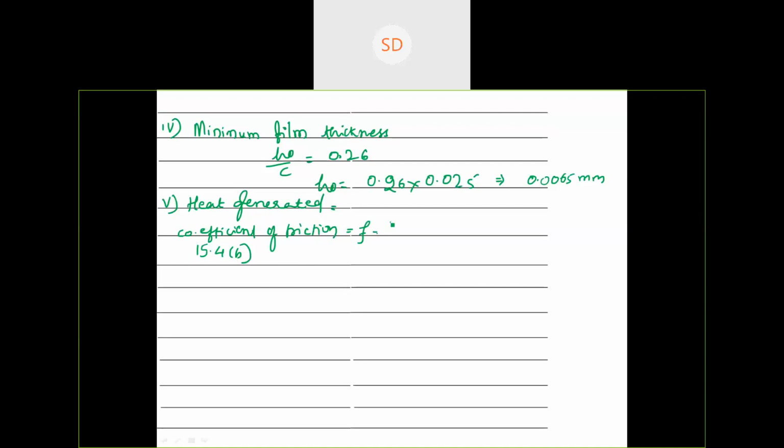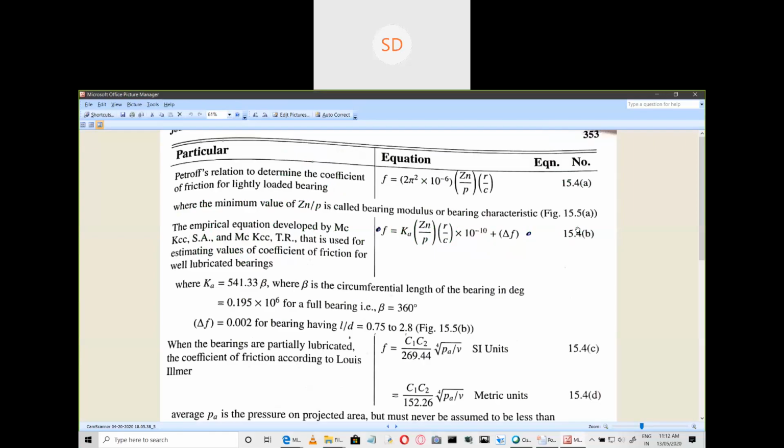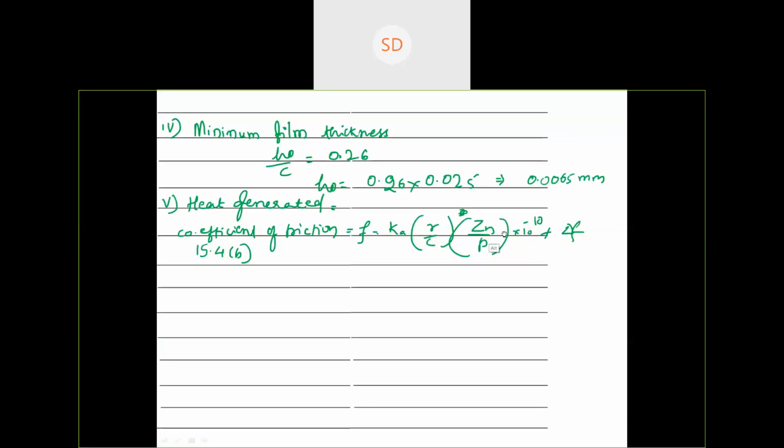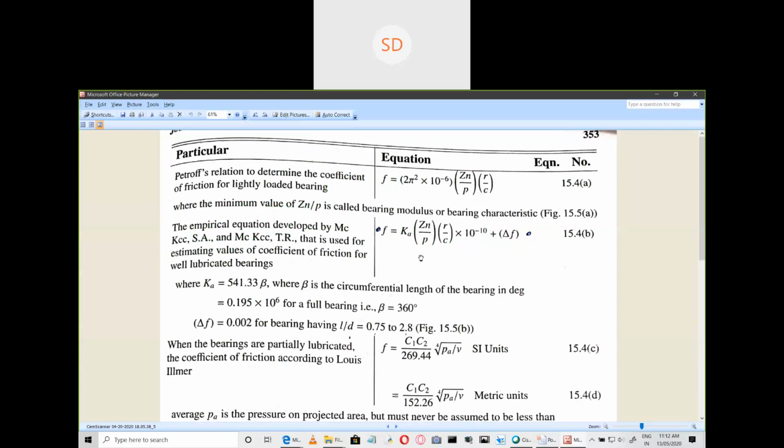So f equal to K r by c, okay, Zn by P into 10 to the power of minus 10 plus delta f. Is it right? Okay.